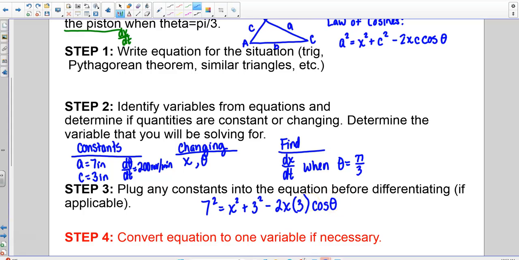And I would like to clean that up just a little bit, so we got 49 equals x squared plus 9 minus 6x cosine of theta.